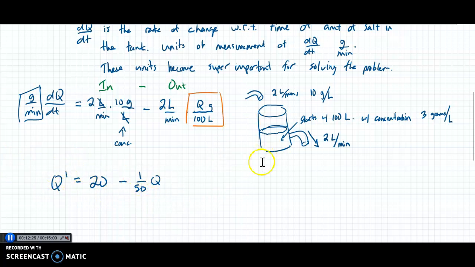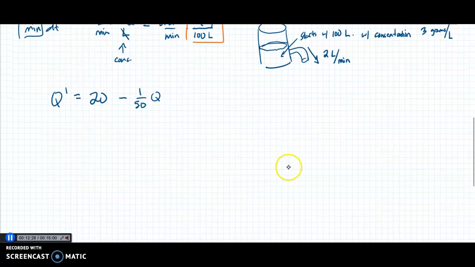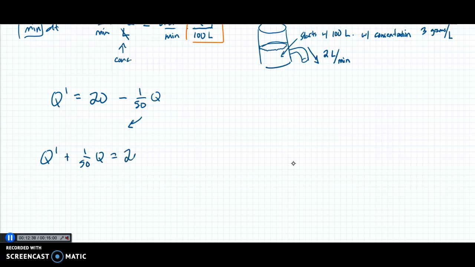What I want you to notice is that if I move this term over to the other side, I get Q prime plus 1 over 50 Q is equal to 20. Now, this should look super familiar. Why? It is first order and it is linear. So how are we going to solve this thing?